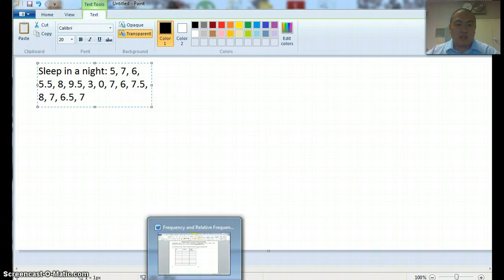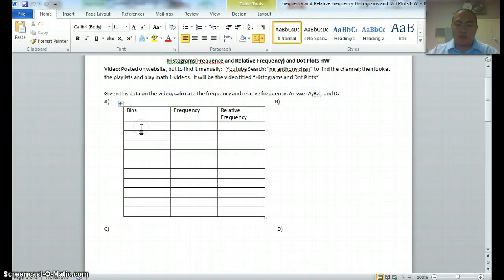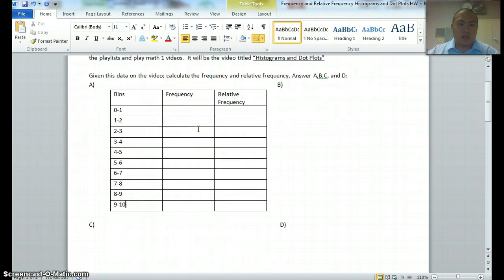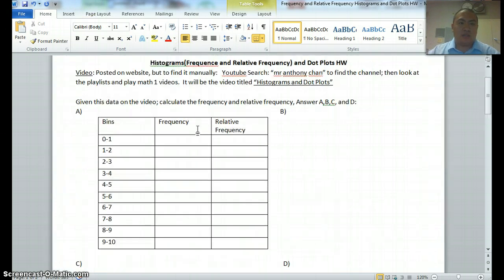So I would probably do 0 to 1, 1 to 2, 2 to 3, 3 to 4, 4 to 5, 5 to 6, 6 to 7, 7 to 8, 8 to 9, and 9 to 10. I should zoom this in because it gets hard to see.